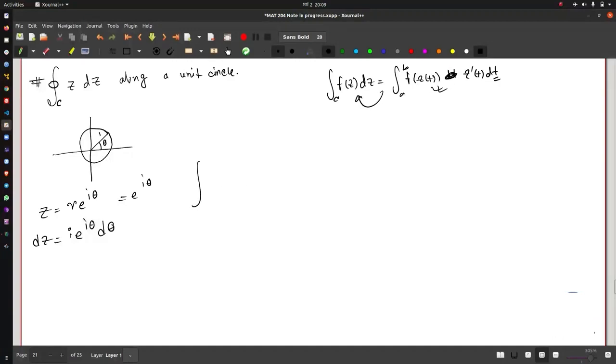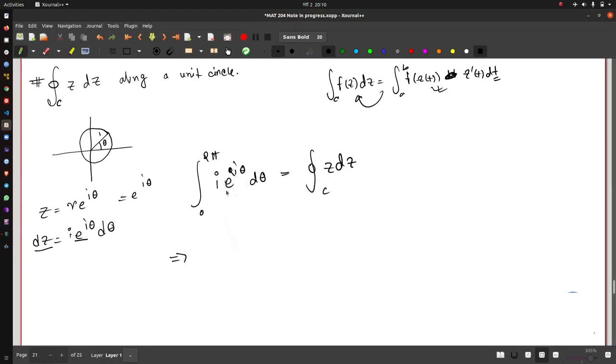So this is just the integral from 0 to 2 pi of e to the power I theta. Then there would be an I over here that is coming from dz, and another e to the power I theta coming from the dz. So there will be 2, that means e to the power 2 I theta, and then there would be d theta, and this is just equal to your original integral that you started with.